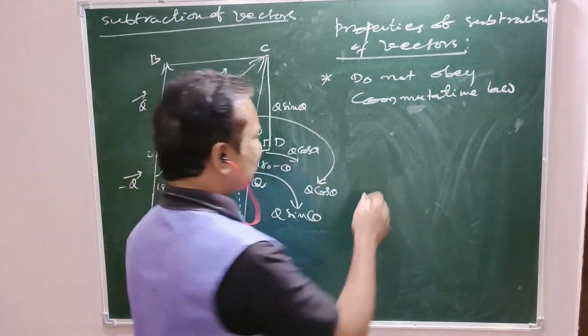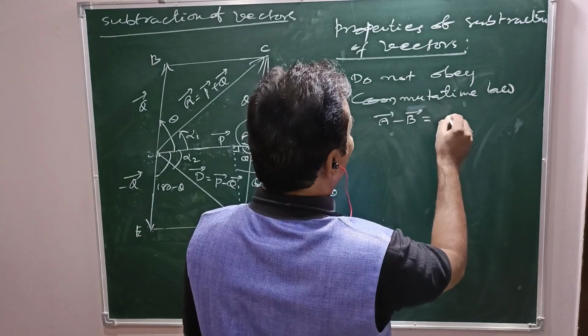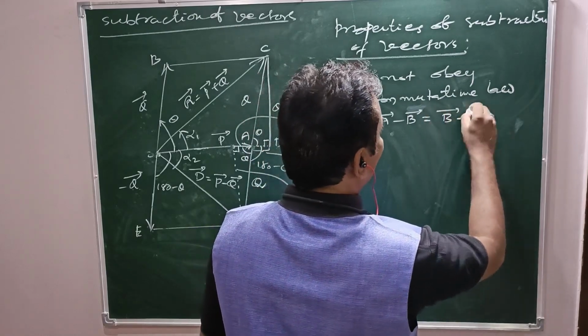That is, a bar minus b bar cannot be b bar minus a bar.